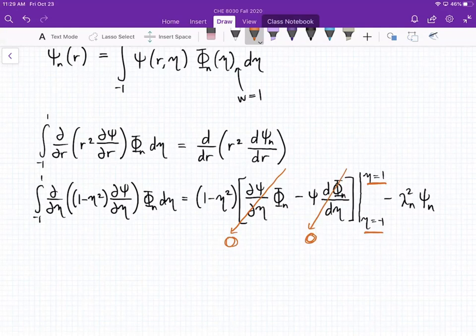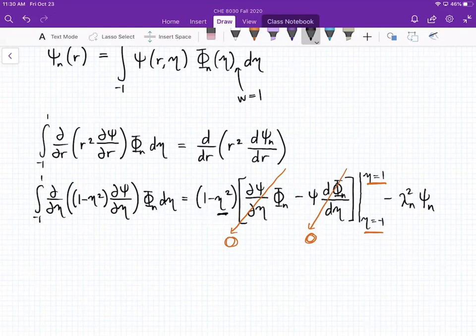Finite being an important word here, because technically if I plug in -1 and 1 here for eta, oh, excuse me, I don't want to say that. No, excuse me, I do want to say that. Because if I plug in -1 or 1 for eta, that term out front becomes 0.